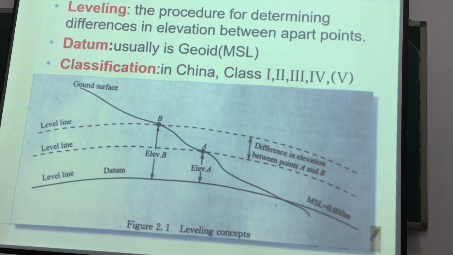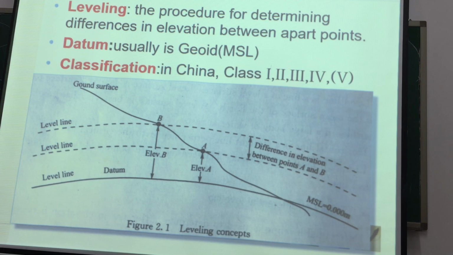And then from this point, establish the elevation control framework for the whole country. It's even from here to Tibet, even to survey the elevation of Zhongnan Peak, all from this point.